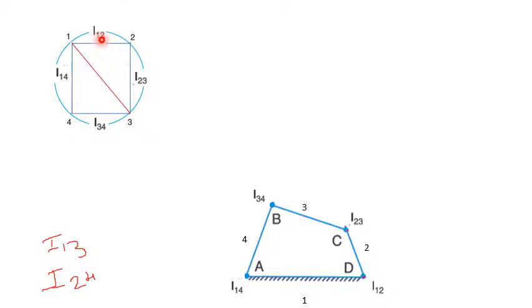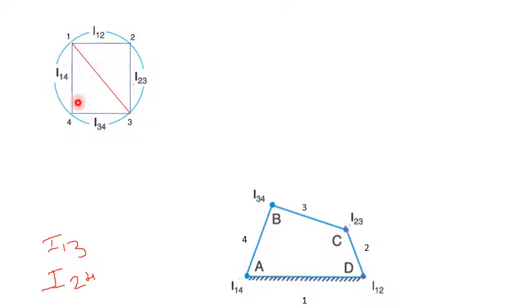In the upper triangle we have I12 and I23. Again I repeat, this line forms two triangles, an upper triangle and a lower triangle. The upper triangle is a combination of I12 and I23, whereas the lower triangle is a combination of I14 and I34.